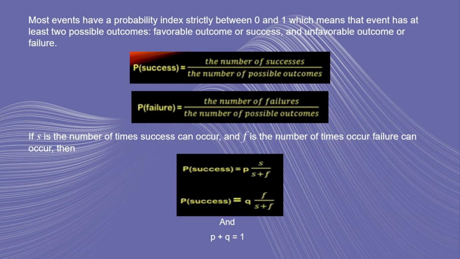If S is the number of times success can occur and F is the number of times failure can occur, then P(success) equals p equals S over S plus F, and P(failure) equals q equals F over S plus F, and p plus q equals 1.